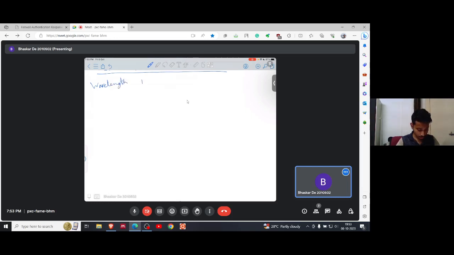Wavelength, power, pulse duration, repetition rate, application. Okay, so first we'll see the details of Q-switched lasers.